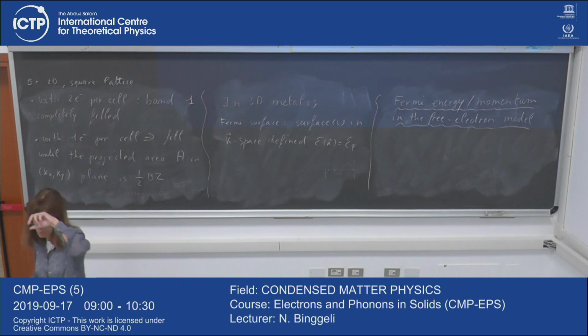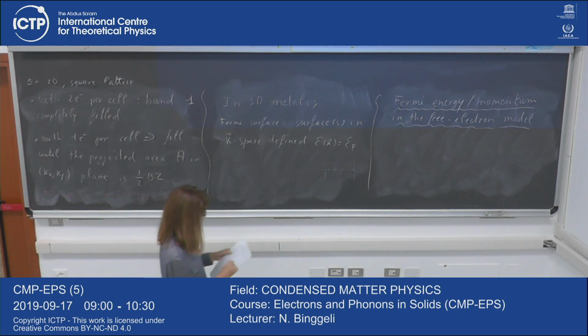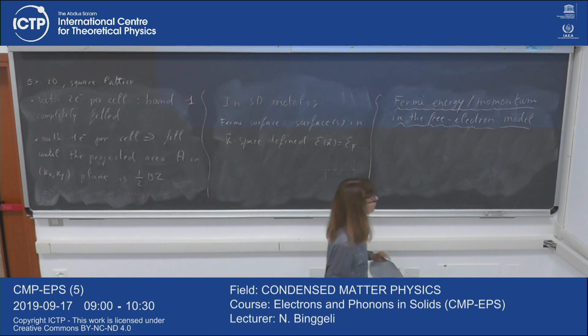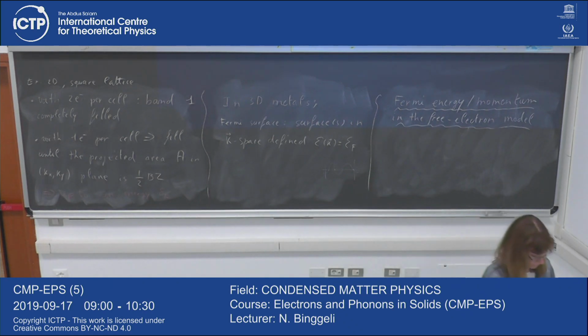So the free electron model is a good model, works well for the alkali metals. So for the metals that correspond to the atom in the first column of the periodic table.